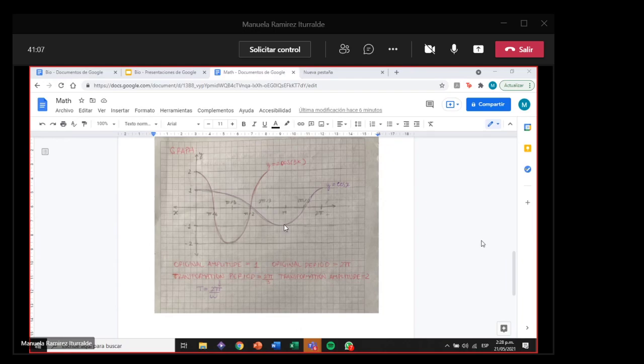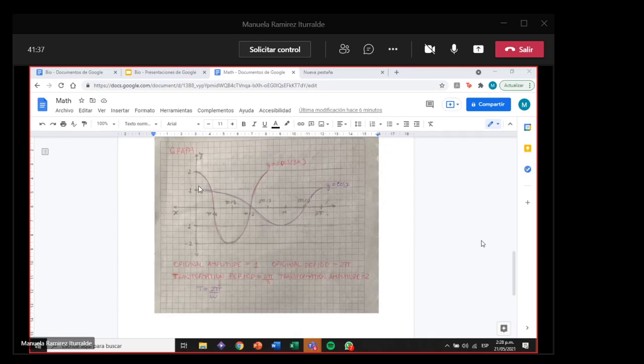Then it goes all the way down to negative 1 at pi, and then it goes back up again to 1 at 2 pi, because when x is 2 pi, then y is equal to 1. Because the function ends its first cycle at 2 pi, the period for this function is 2 pi, since after 2 pi it starts repeating itself.